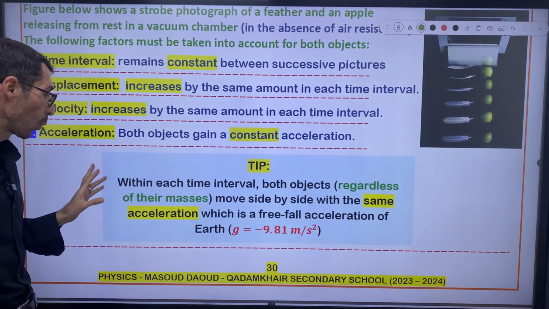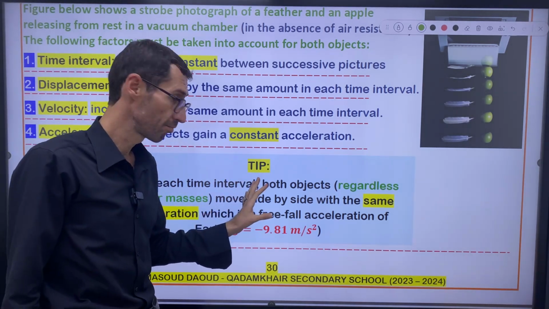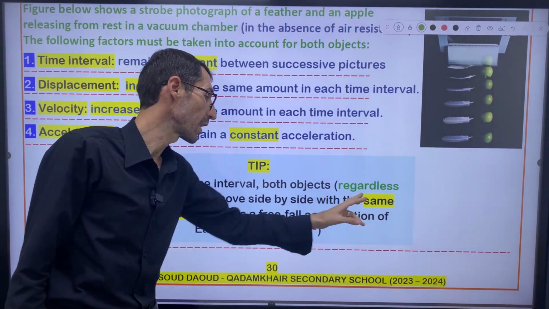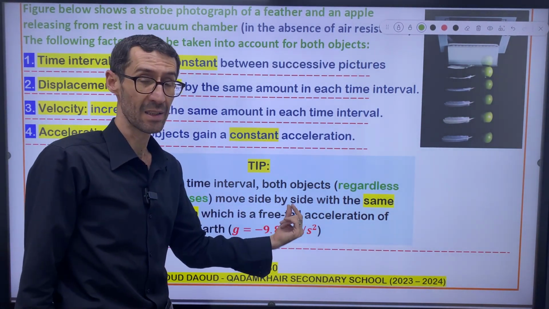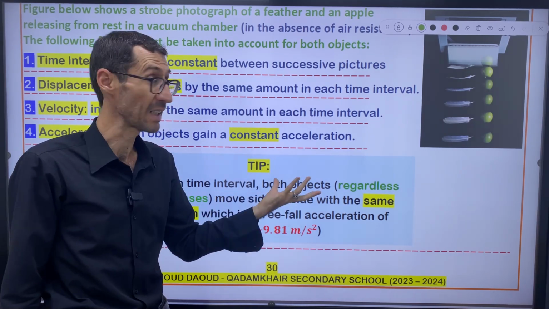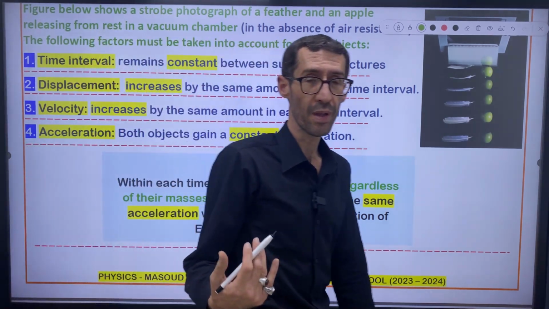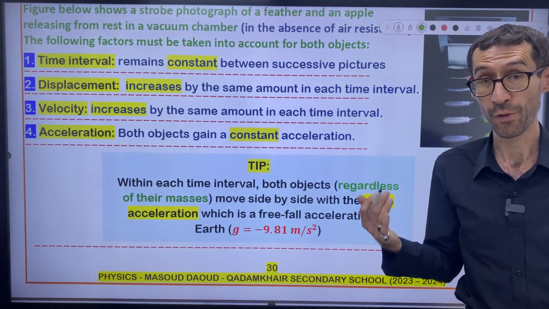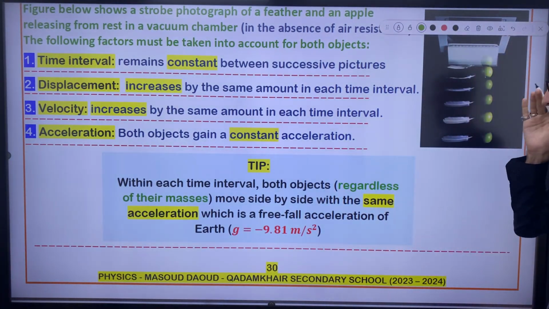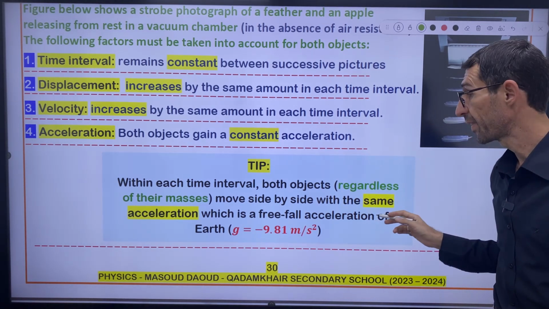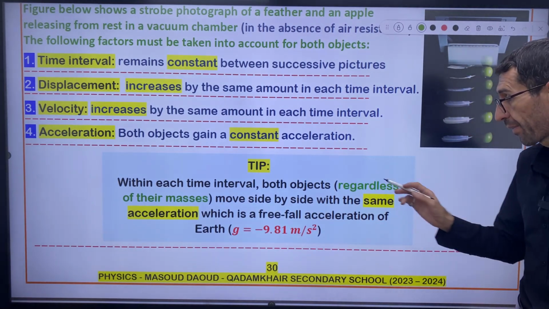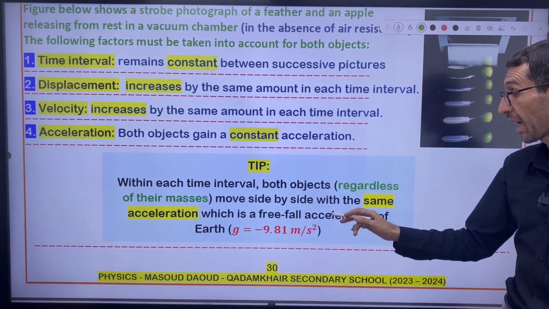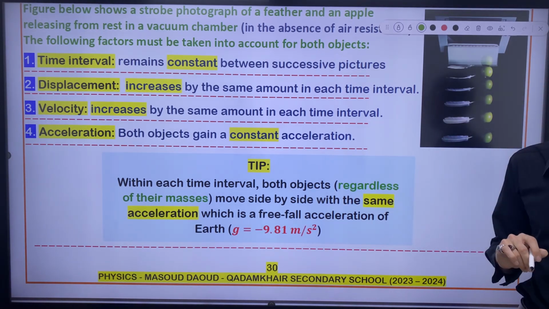So, tip: within each time interval, both objects, regardless of their masses, move side by side. I think I explained it for you. Both objects, regardless of their masses, move side by side with the same acceleration, which is the free fall acceleration of Earth. g is equal to negative 9.81 meters per second squared.